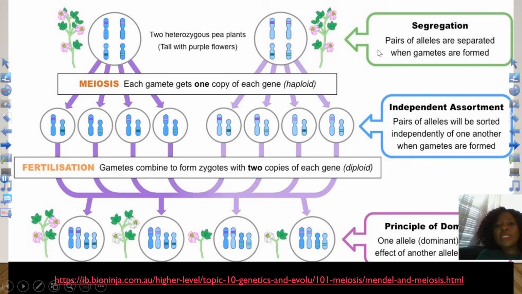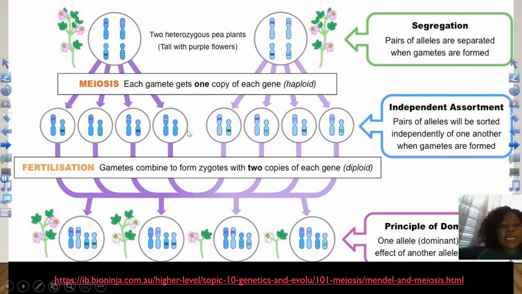So with segregation, we are saying that the alleles separate during the formation of gametes, so that each gamete will have one copy of each gene. You can see here, if the cell split in half, that gamete has got those 2 chromosomes, and then that second gamete has got those 2 chromosomes.